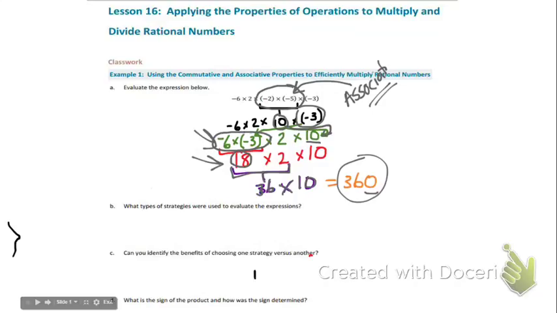Now, let's go back to that question that I had asked earlier, which I've lost because I've erased it. Do the different strategies yield different answers? In this case, no, they didn't. And why was that? Hopefully you know.